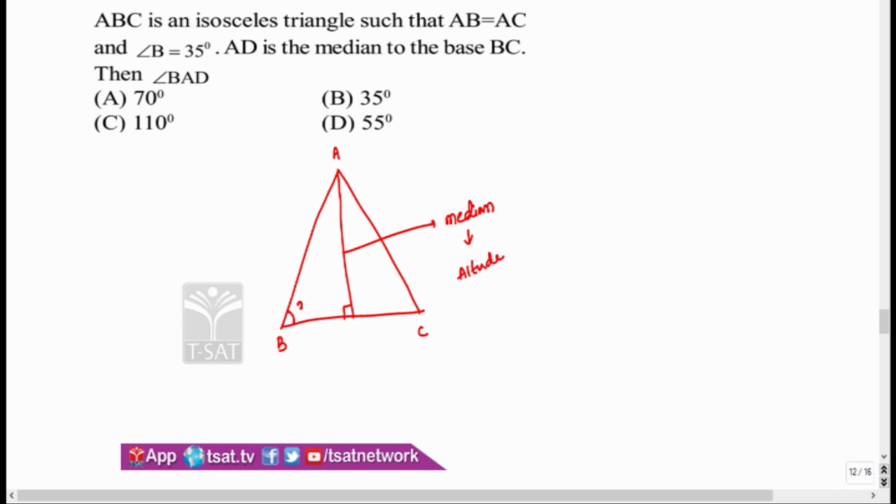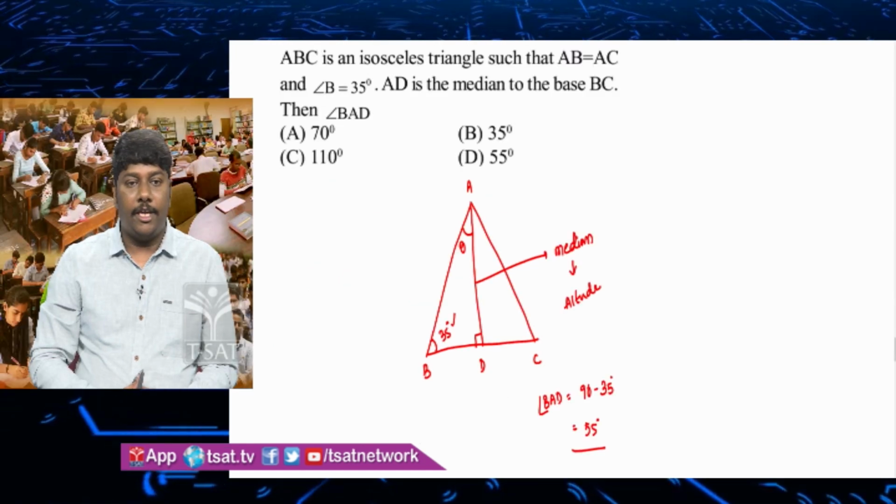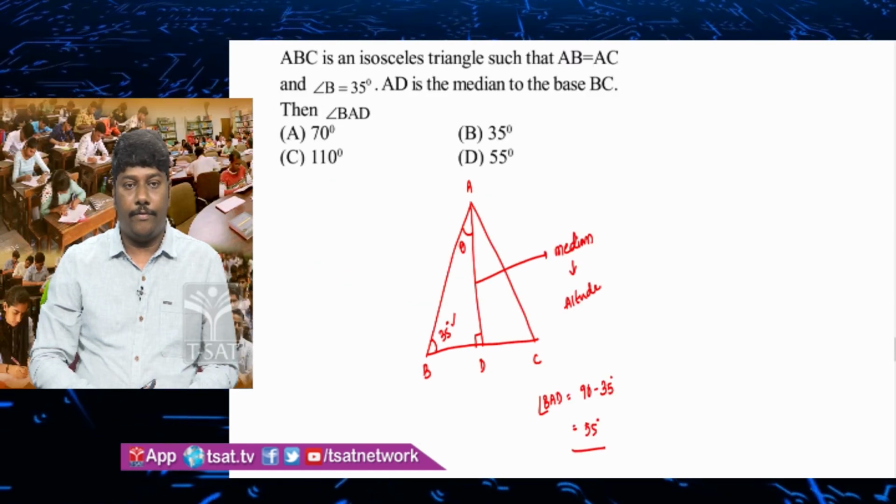Angle B is equal to 35. Therefore, angle BAD: if it is 90 degrees, 35 plus this angle theta should also be 90 degrees. Therefore, theta is equal to 90 minus 35 degrees, which is equal to 55 degrees. So, angle BAD is equal to 90 minus 35, which is 55 degrees.